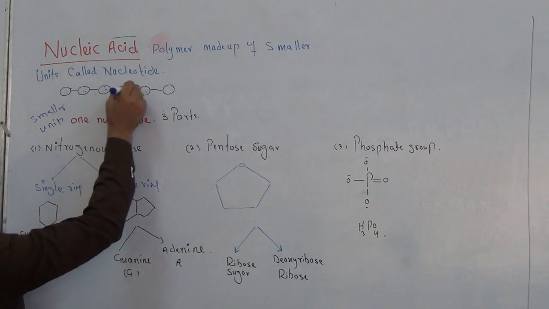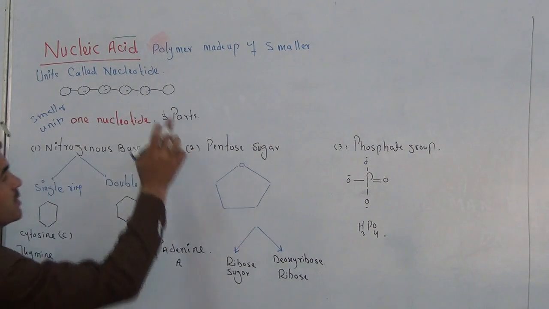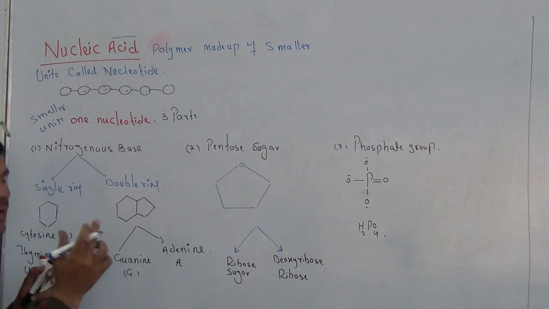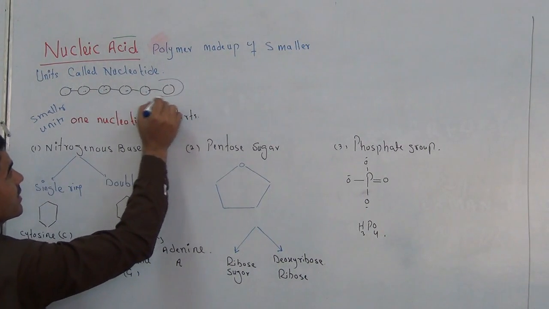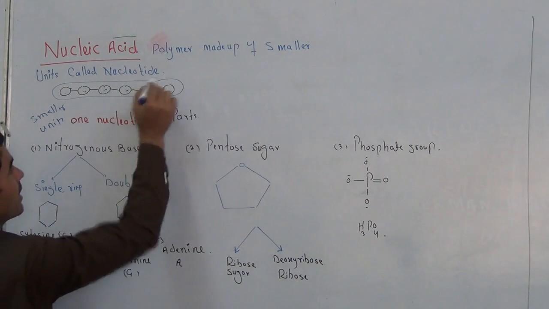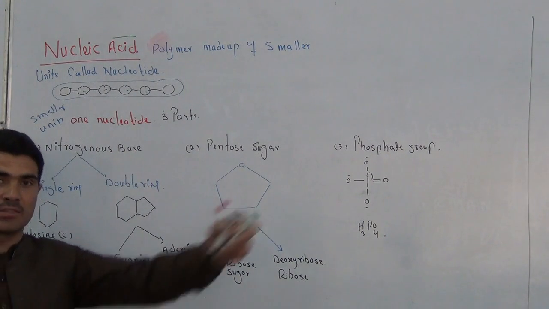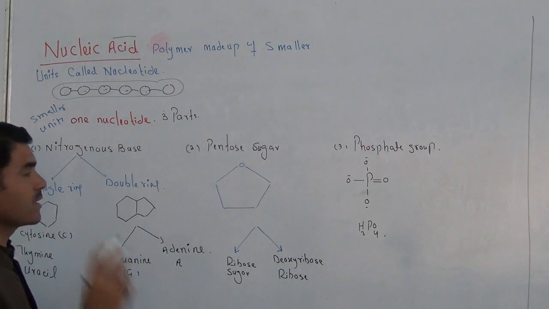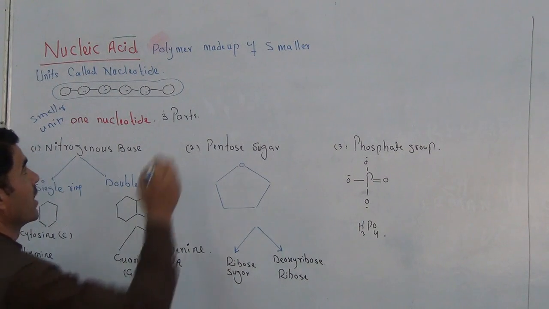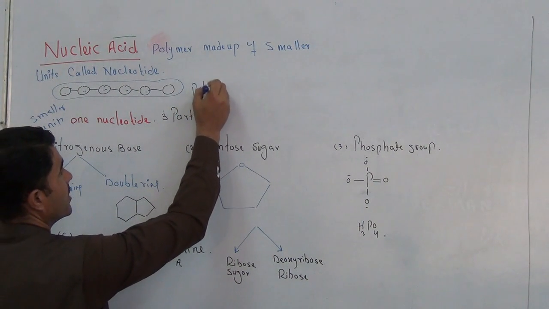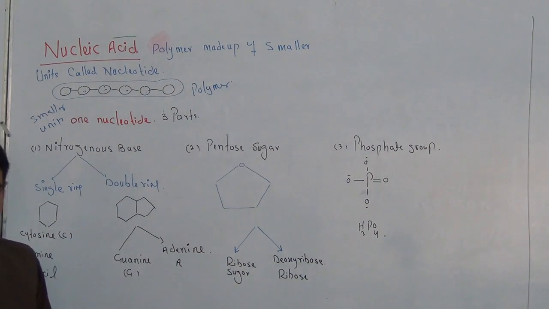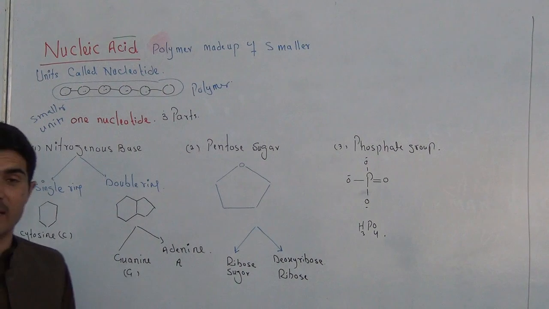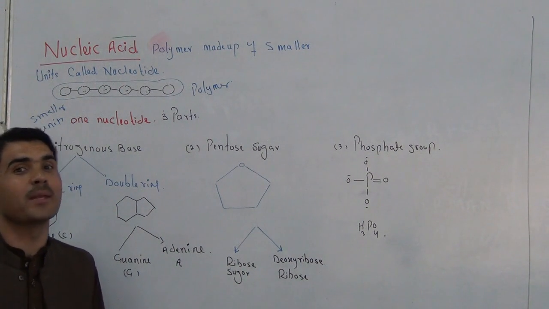So 1, 2, 3, 4, 5, 6, and so on. These smaller units, when combined together, will be one single large molecule. This single large molecule will be called a polymer. So the first thing about the nucleic acid is that a nucleic acid is a polymer, right?